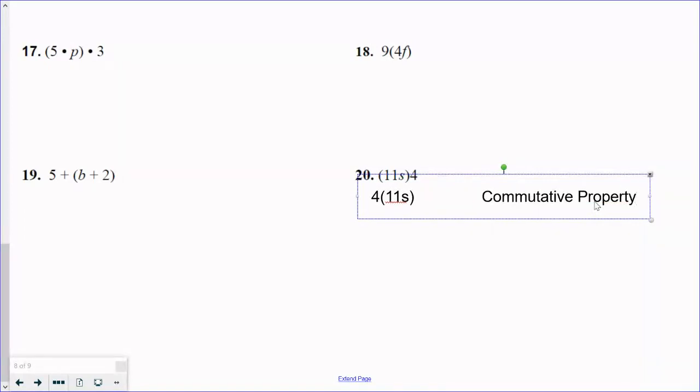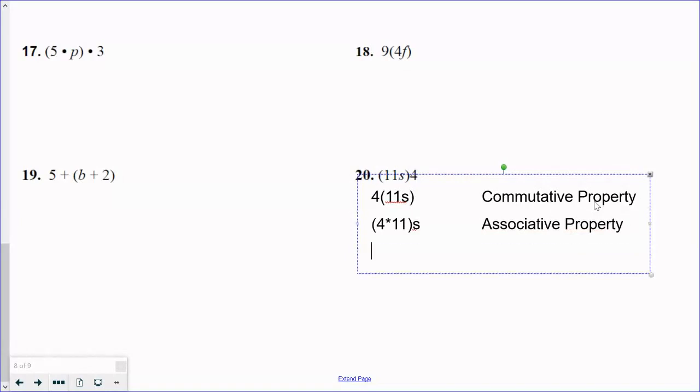Okay. Now, we've got one more thing we can do. I am going to put in parentheses my 4 times my 11, my S now on the outside. That is our associative property. Now we're going to simplify. I'm going to take my 4 times my 11, which is 44, and keep my S value because we don't know what it is.